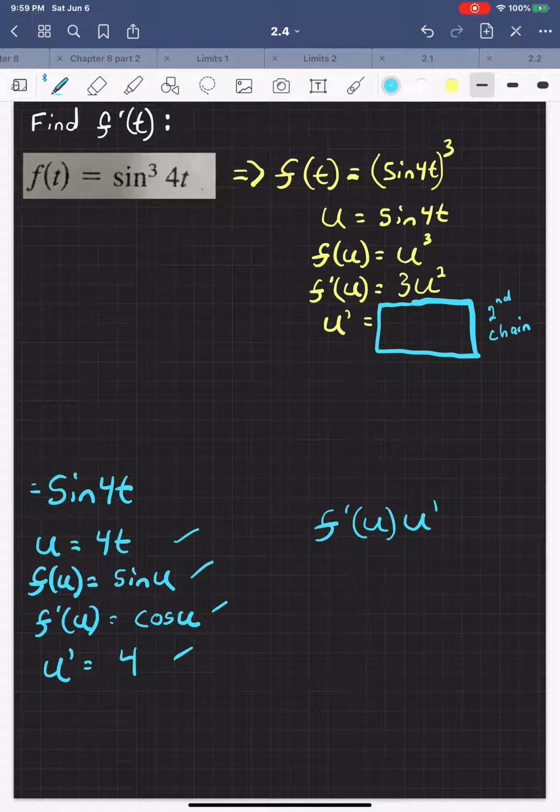So f prime of u, that would be cosine of u, but I'm going to go ahead and plug back in the 4t. So cosine of 4t. And then that's going to be times u prime, which is just 4.